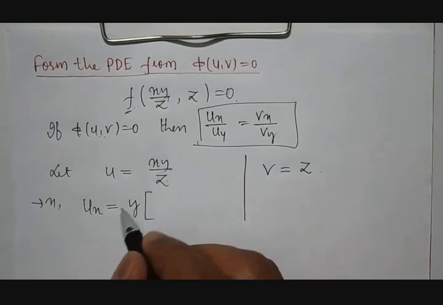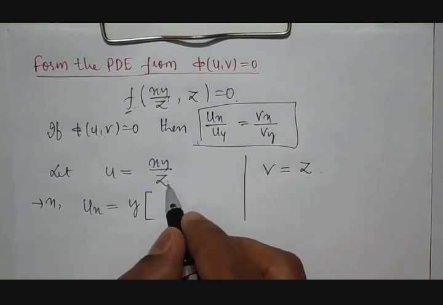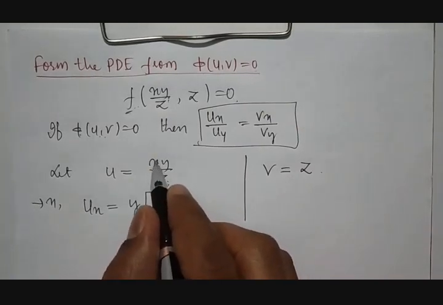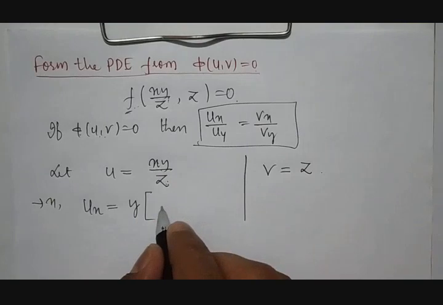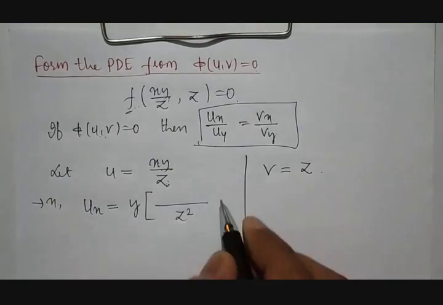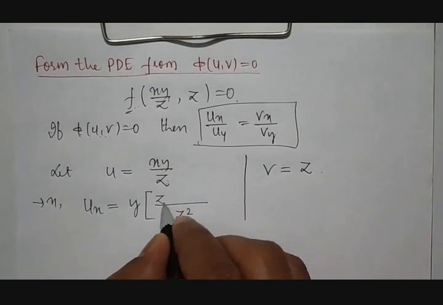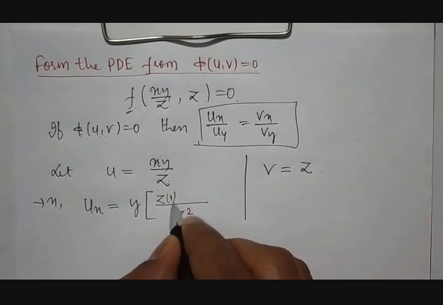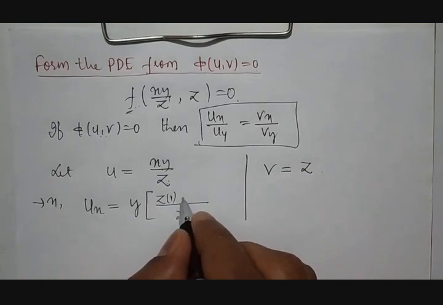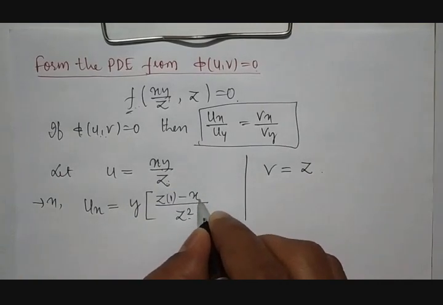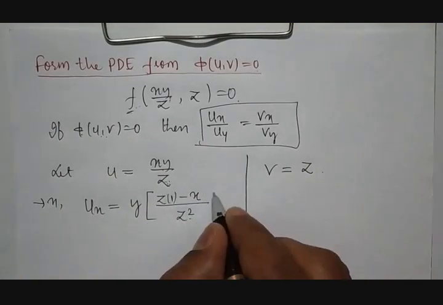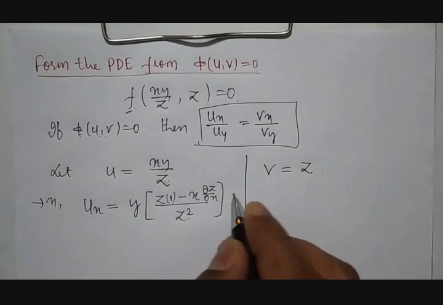x can be differentiated with respect to x and z can also be differentiated with respect to x, because z is a function of x and y further. Therefore, it is like x by z, meaning quotient rule. So z square, the square of the denominator, then denominator z into differentiation of the numerator, that is differentiation of x is 1, minus numerator x into differentiation of the denominator z, dou z by dou x.